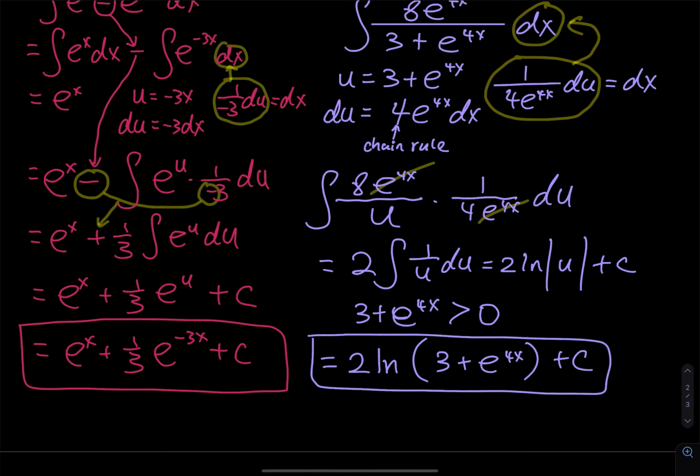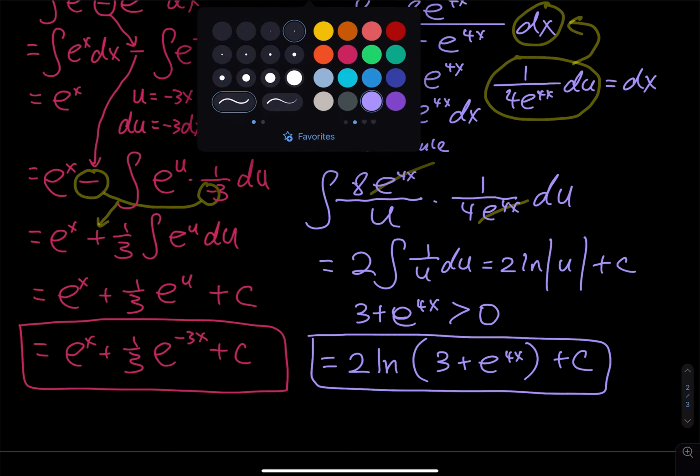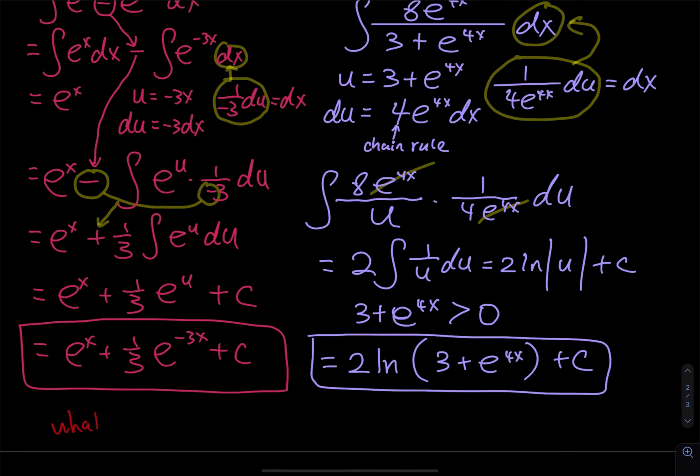And then you might ask me, hey, what if I have 3 minus e to the 4x? So that is a big what if. So what if you have ln of 3 minus e to the 4x. So e to the 4x, let's say x equals 10? 4 times 10, 40. E to the 40 is pretty big, right?